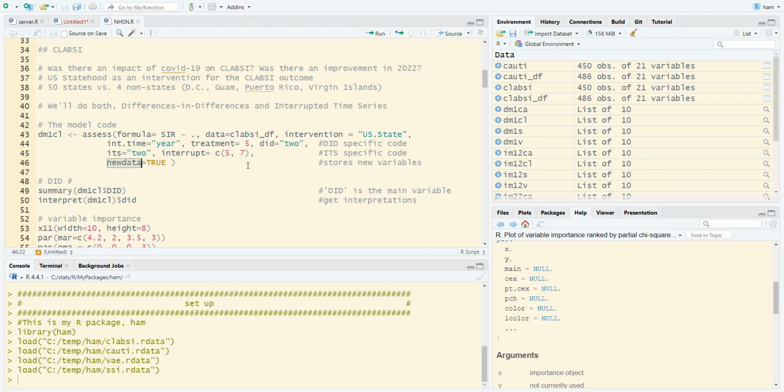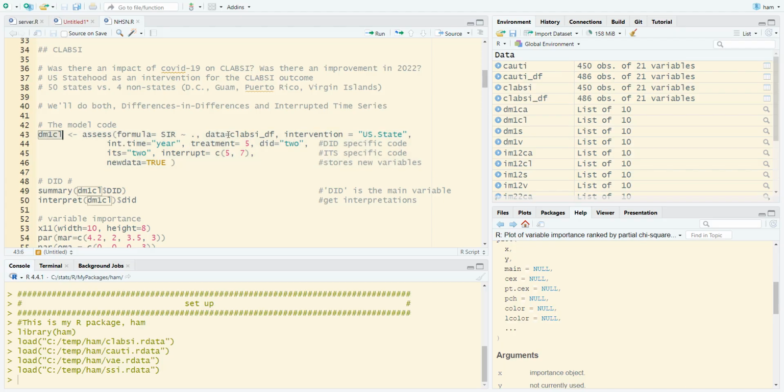There is one last argument that I selected true for, and that's new data. So if you're not an R user and you prefer using something like SPSS or SAS, or Stata, what you can do, if you still wanted to get these kinds of variables generated for you, is just run this highlighted code and then save the data.